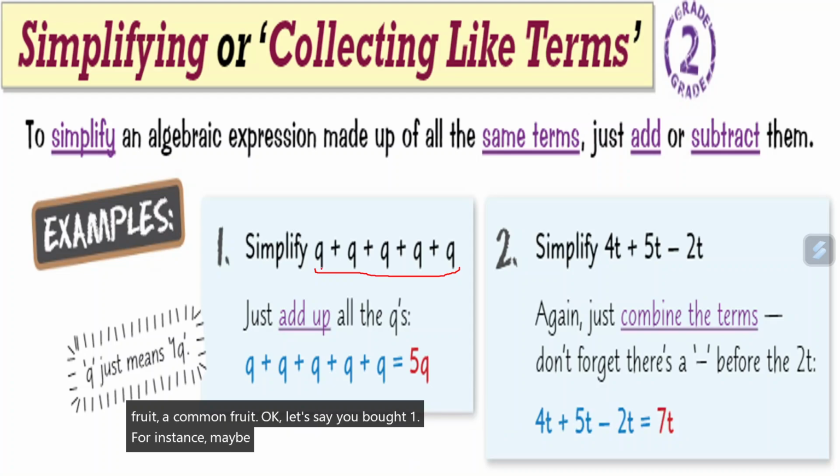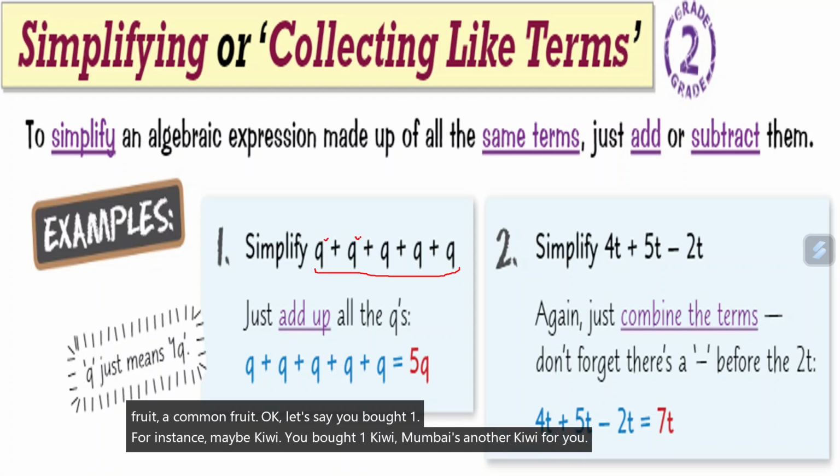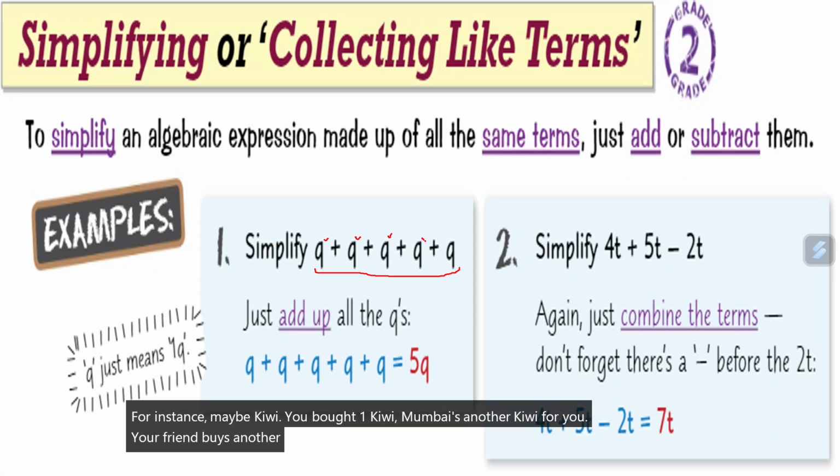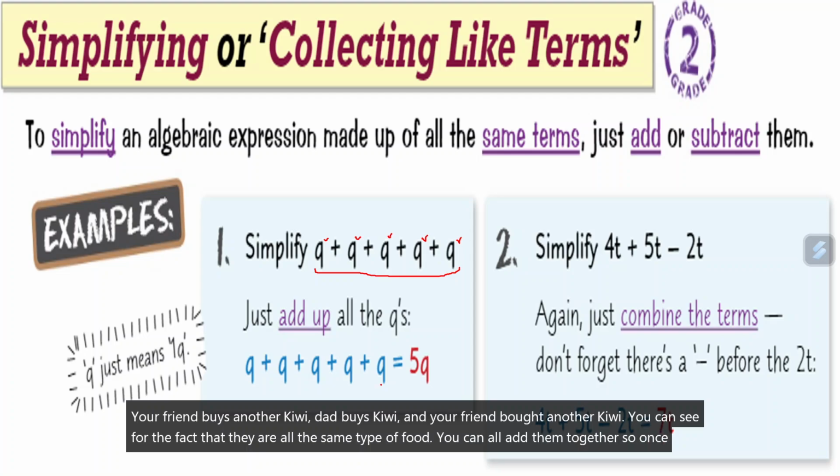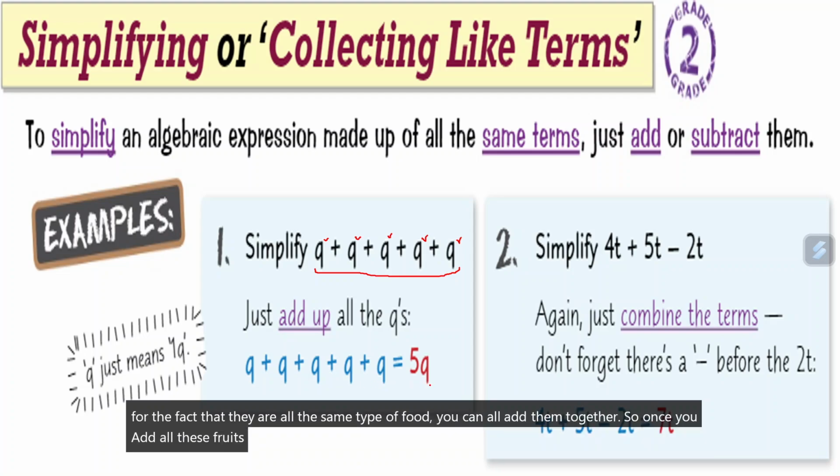You bought one kiwi, mom buys another kiwi for you, your friend buys another kiwi, dad buys a kiwi, and your friend bought another kiwi. Since they are all the same type of fruit, you can add them together. Once you add all these, you'll have 5q.